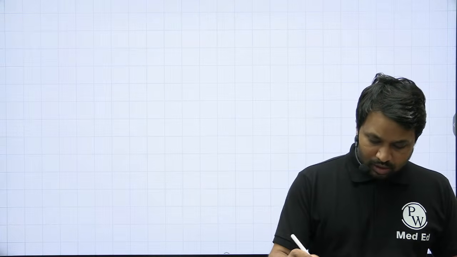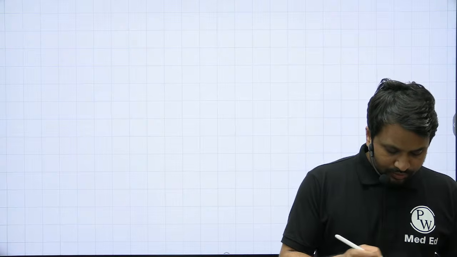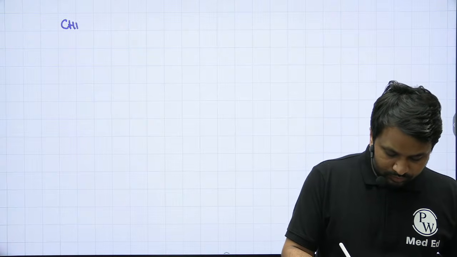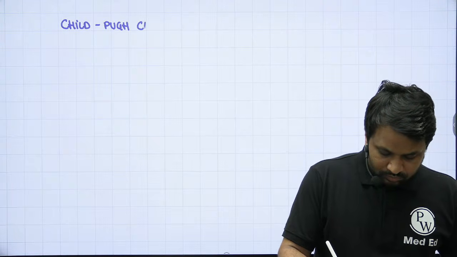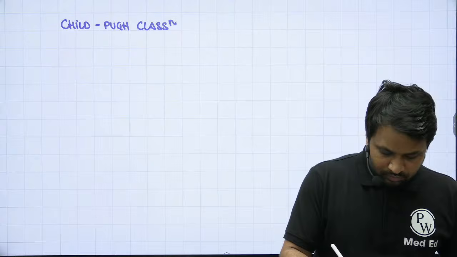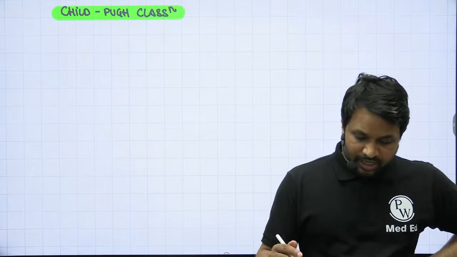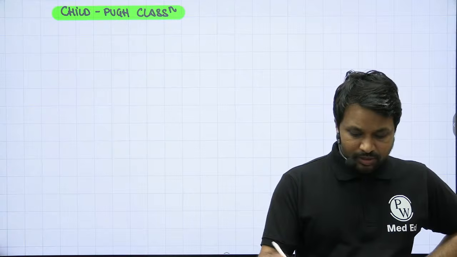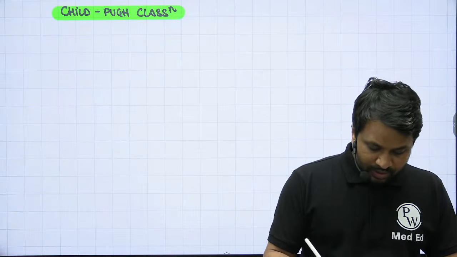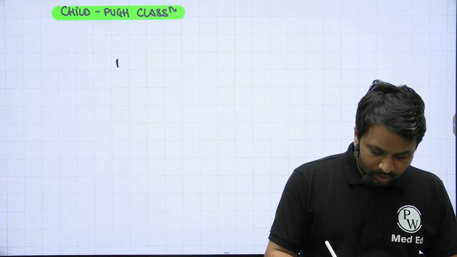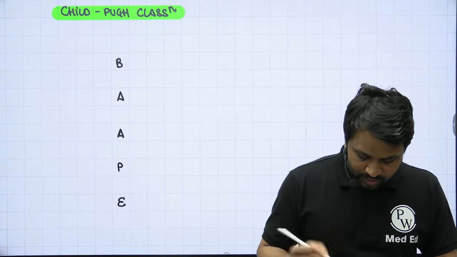So let's talk about the CPC classification, also called the Child-Pugh classification. Child in Hindi means बच्चा, ठीक है? तो बच्चे का बाप होता है. तो Child-Pugh classification के जो factors हैं, they can be remembered by a small mnemonic which is called BAP. Now this BAP is very energetic, so remember it's BAPE.